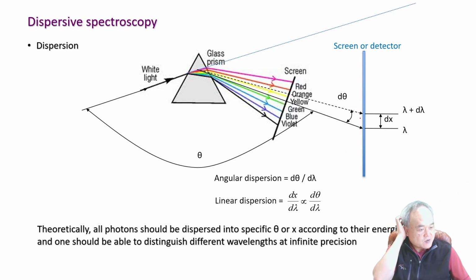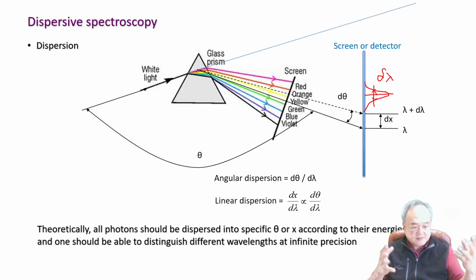Because of these imperfections and diffraction, instead of one particular light falling as a delta function on the screen or the detector, it is spread over multiple pixels, multiple physical locations. But this finite amount of spread for a single wavelength can be described as delta lambda.